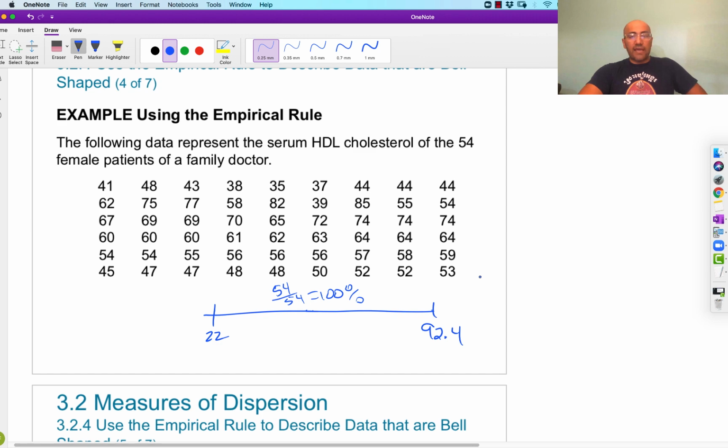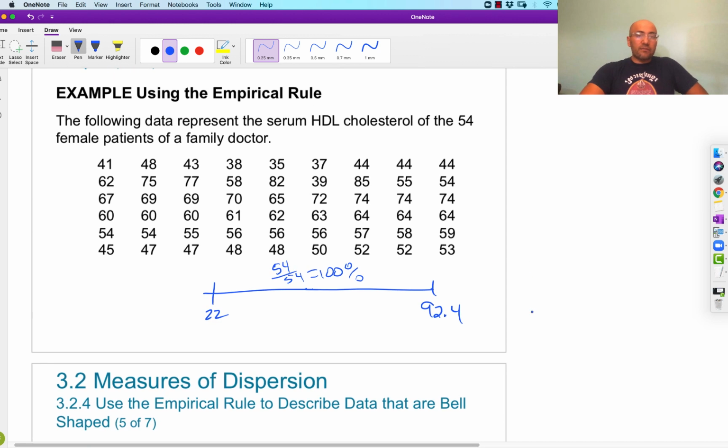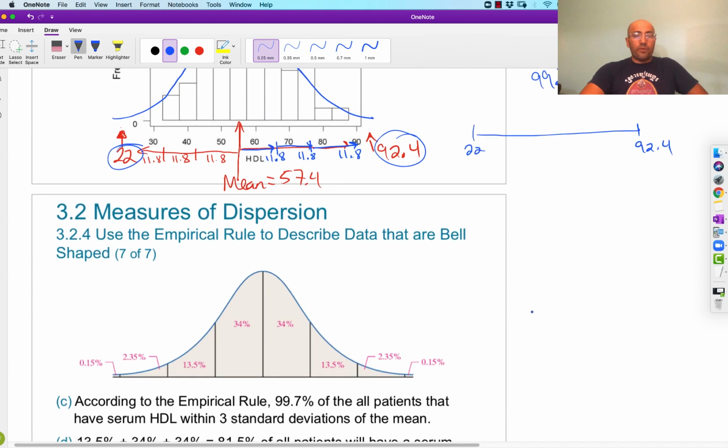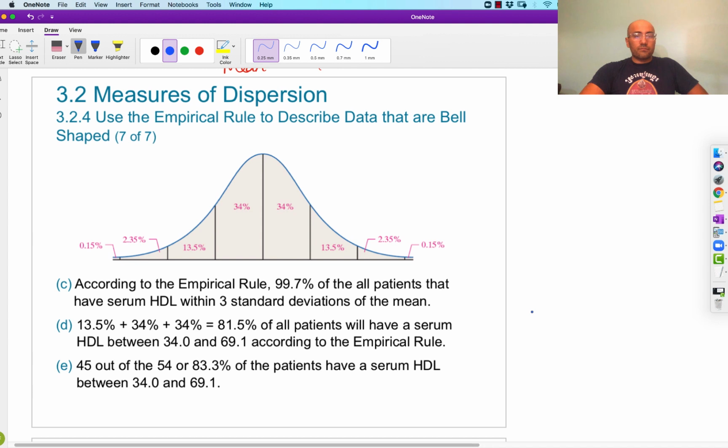It didn't say it was going to be exactly 99.7, it just said about that. So 100%, close enough. It's close to what we expect. According to the empirical rule, about 99.7% of all patients will be within 3 standard deviations. We already figured that out.